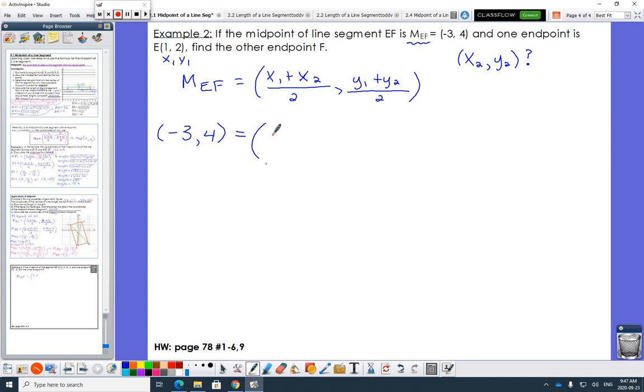And we have X1, we don't have X2. We have Y1, we don't have Y2. Because of the weird notation of the midpoint formula, this looks like, how am I going to solve this? This is impossible. But it's actually not too bad, okay?